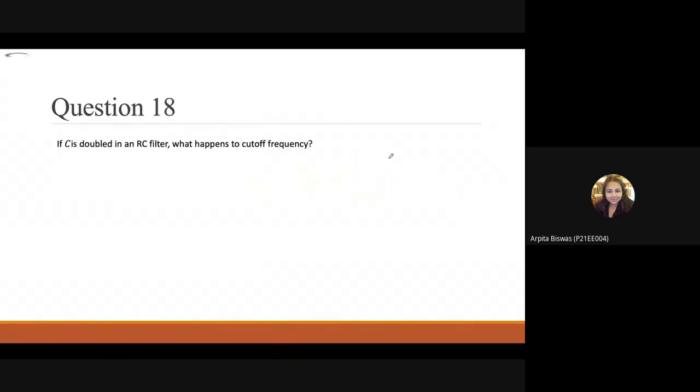So next, if C is doubled in an RC filter, what happens to the cutoff frequency? Will you please display the 17th question once again?